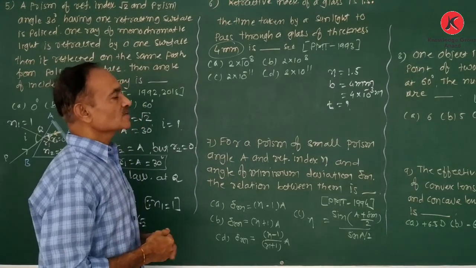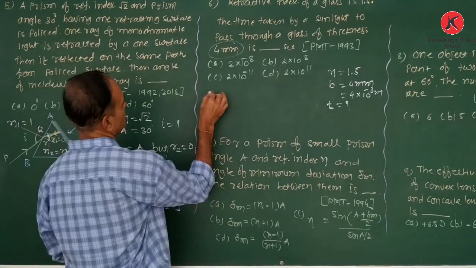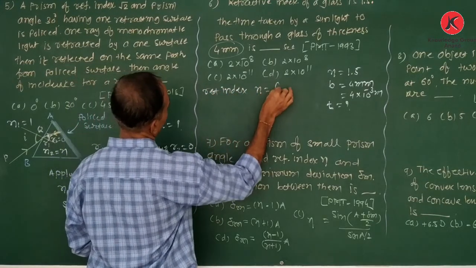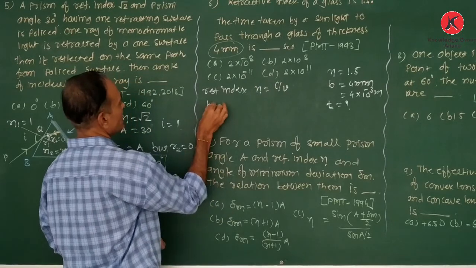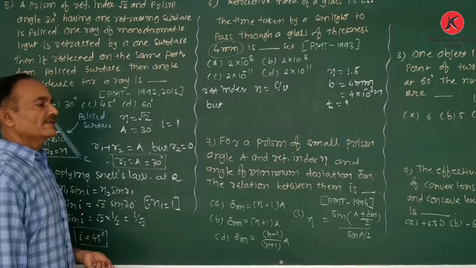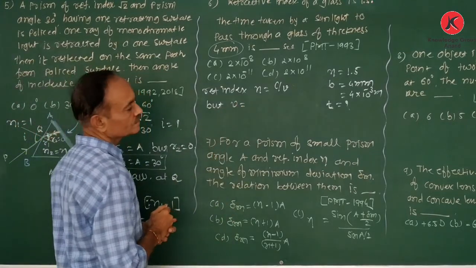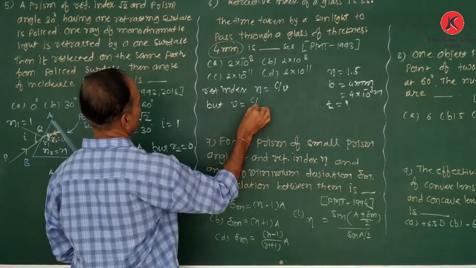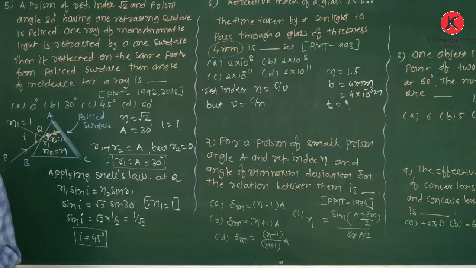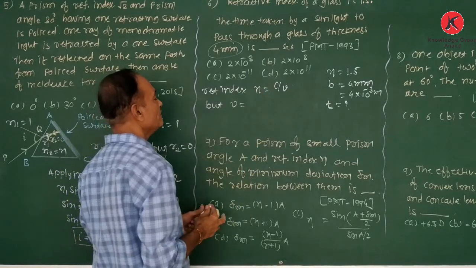Okay. So we know that the refractive index n is equal to c by v. But we know that v is equal to, from this equation, c by n, and also we know that v is equal to distance upon time.